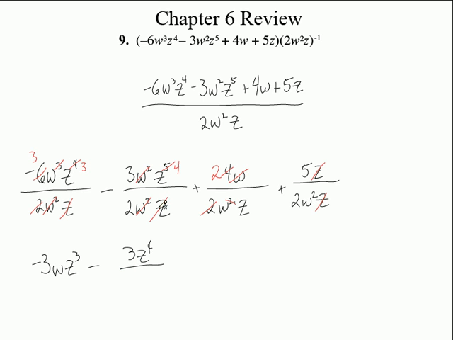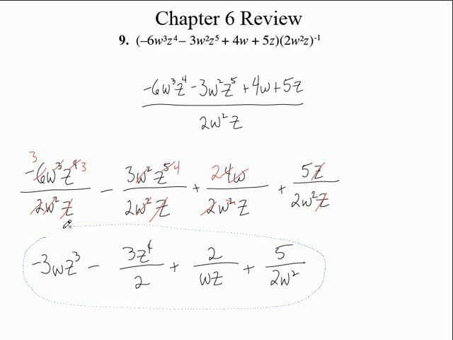Looking at the bottom, the only thing left is just plain old 2. Plus, what happened here? There's a 2 left on top. Nothing else on top. Everything canceled out. This canceled, so I just have a w and a z on the bottom. And we're almost finished. 5 on the top and 2w squared on the bottom. Looks a little ugly, but that's what that thing is simplified.